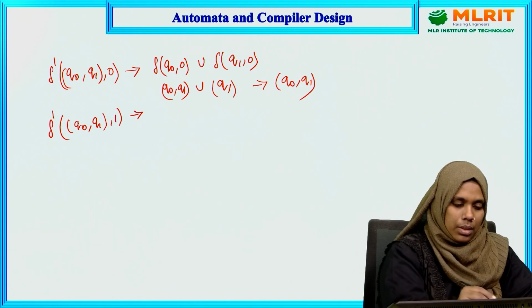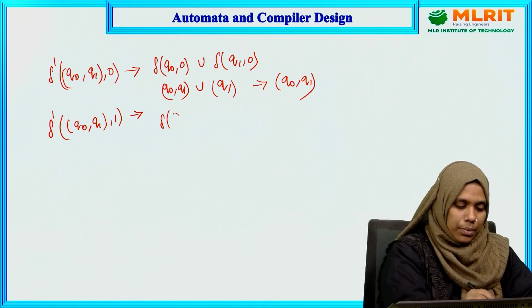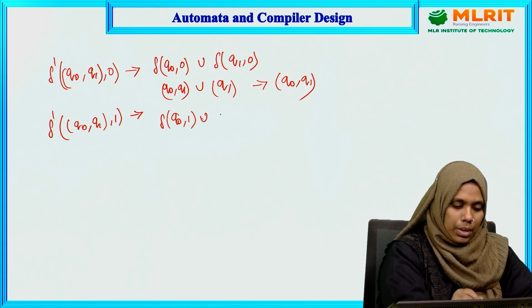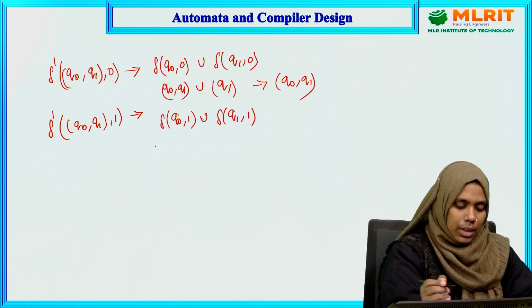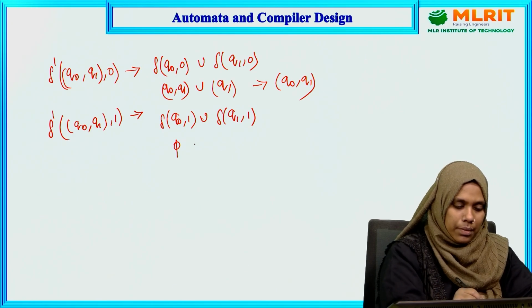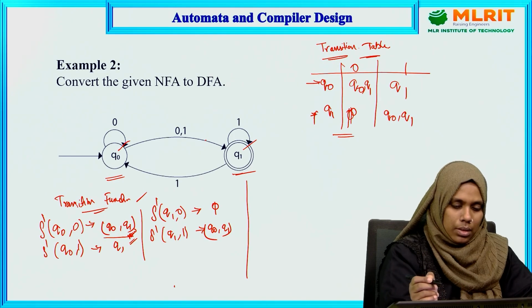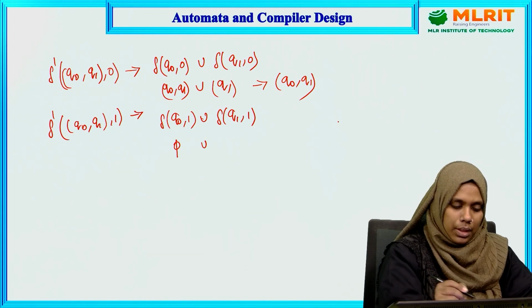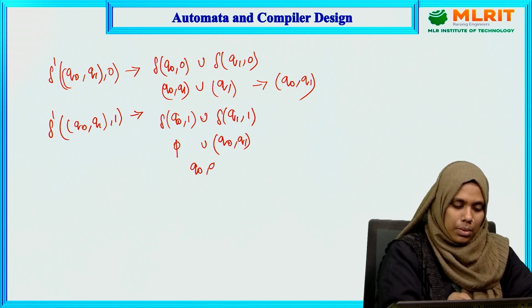Now in the same way, transition of q0 of 1 union transition of q1 of 1. That is q1 union q0 q1. What is the union we are getting? q0 comma q1.